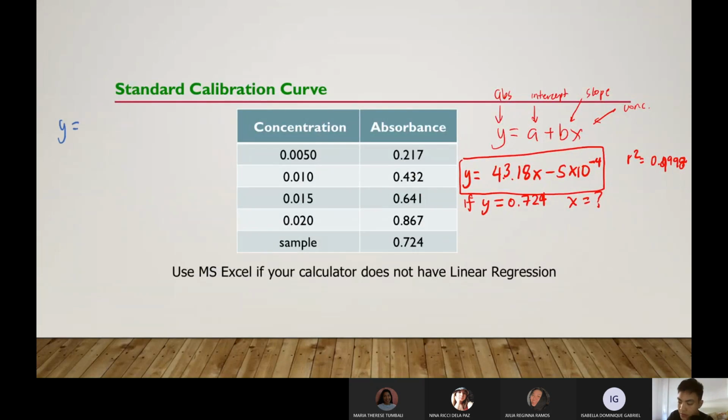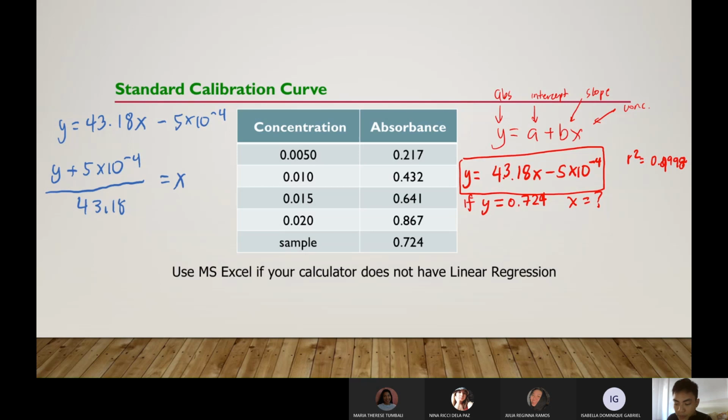So, y equals 43.18x minus 5 times 10 to the negative 4. O, yung intercept, lipat mo sa kabila. So, you will have y minus, this will become positive na. Divide mo yan by 43.18, you will get the x. You can get the concentration na.